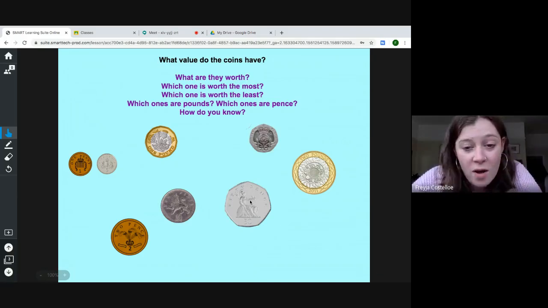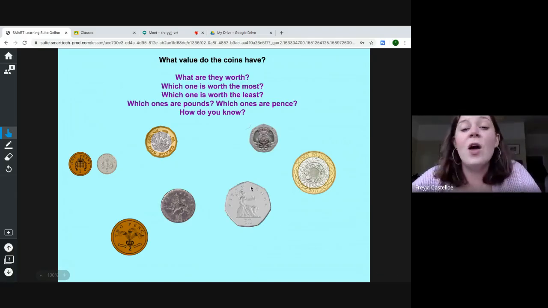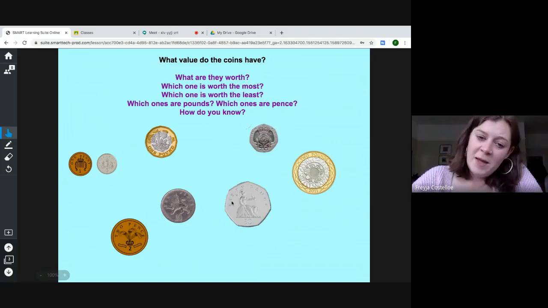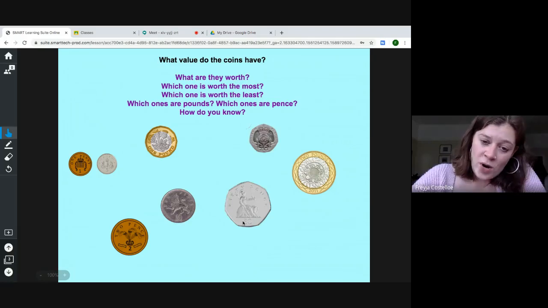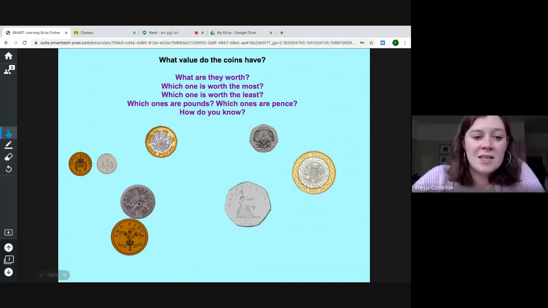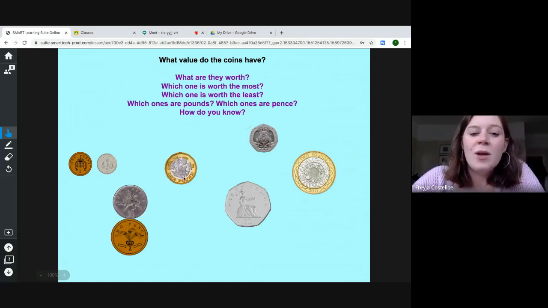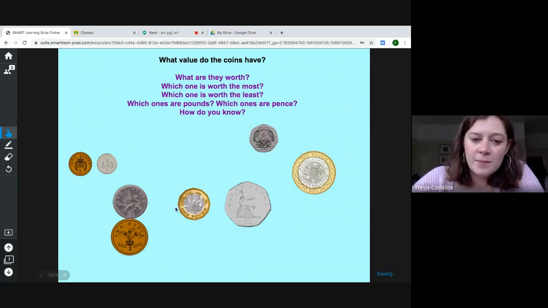It's not worth the most, is it? Even though 50p is the biggest coin and 50 is the greatest number that we have. If we have a look at our £1, our £1 means that it is worth 100 pennies, 100 of these 1 pennies.